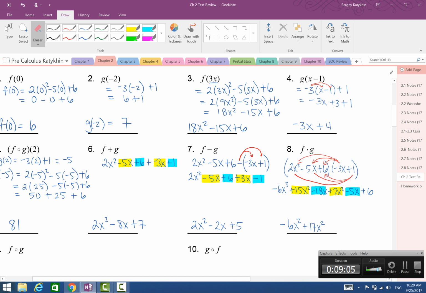And I do apologize, that should be cubed. Then negative 18x minus 5x, again, signs are the same, so you combine them and keep the sign, so you get a negative 23x and then plus 6.